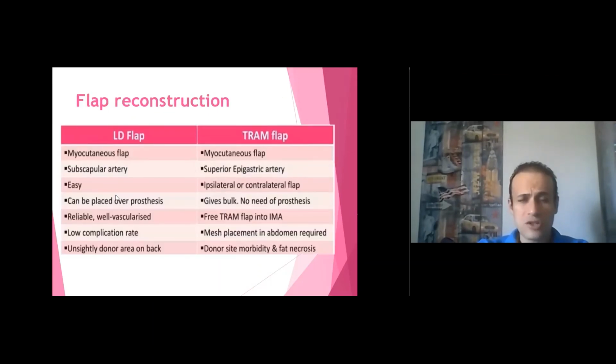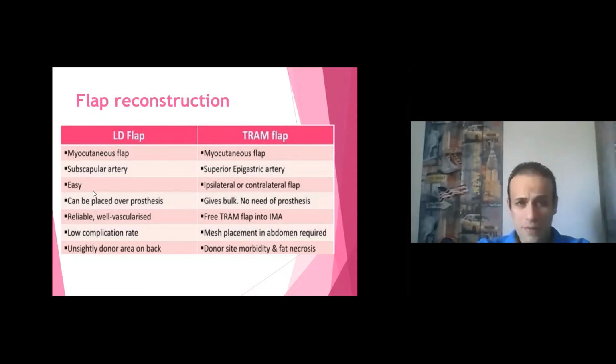Flap reconstruction means using the tissue of the patient, latissimus dorsi flap or trunk flap; there are several opinions. With the latissimus dorsi flap, we remove the latissimus dorsi from the back and move it forward, and it covers the defect after the removal of the breast.